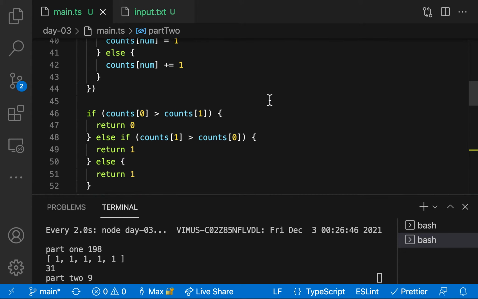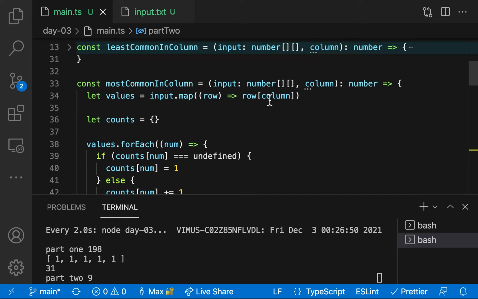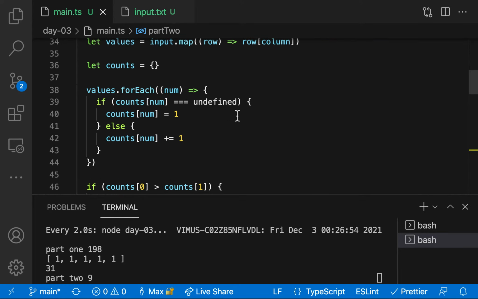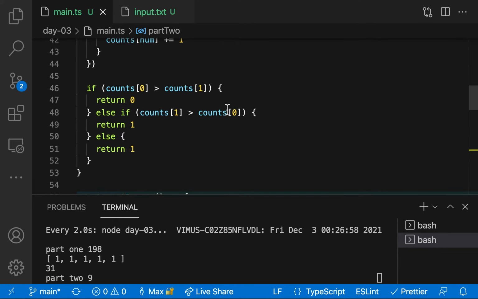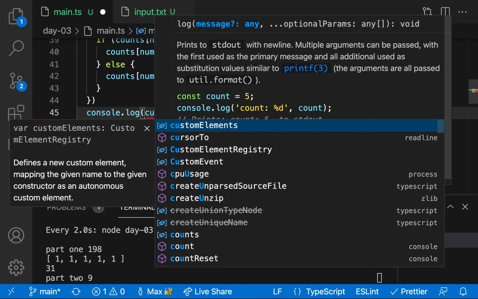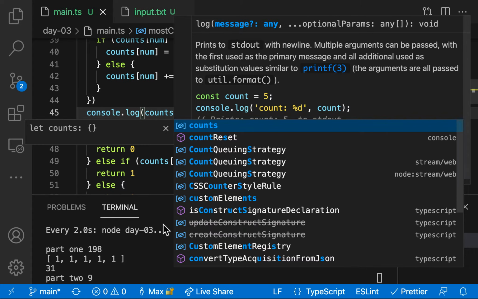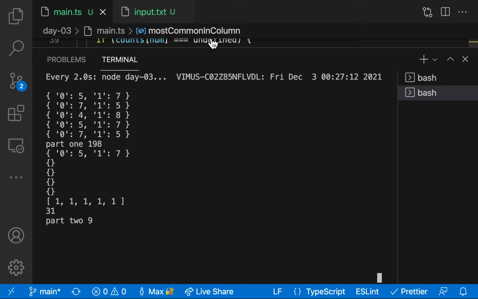Well, maybe we can look at this. Input.map values. Counts numbers undefined. All right, so here are our counts.